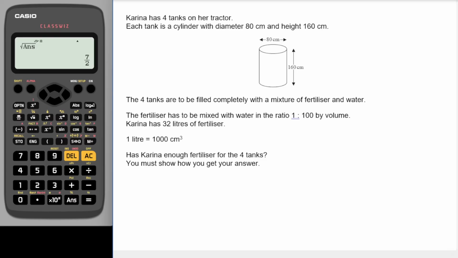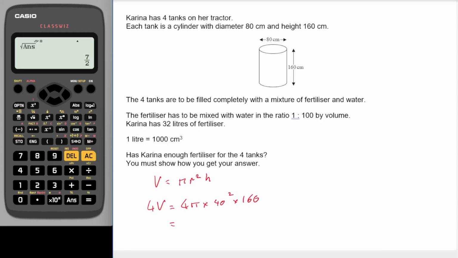So the volume of a cylinder is equal to pi r squared h. We actually want the volume of 4, so 4 times the volume is going to be equal to 4 lots of pi times the radius, which would be 40, squared, times 160.